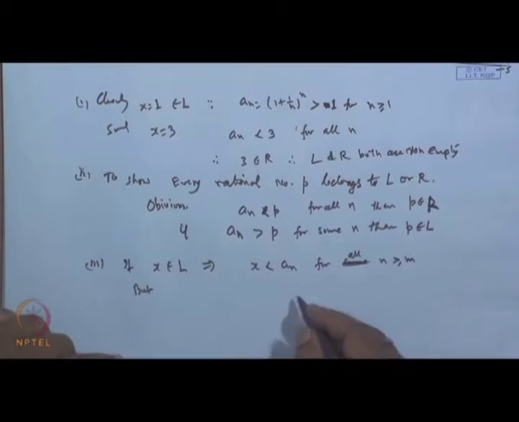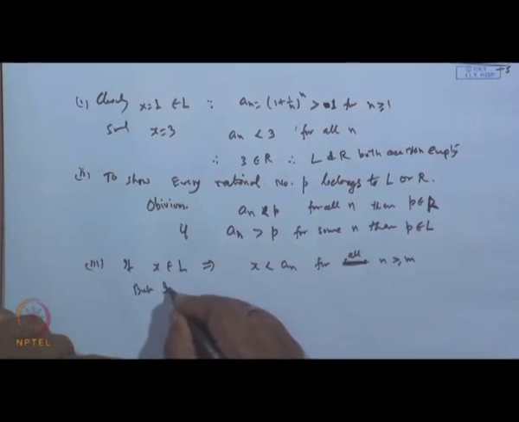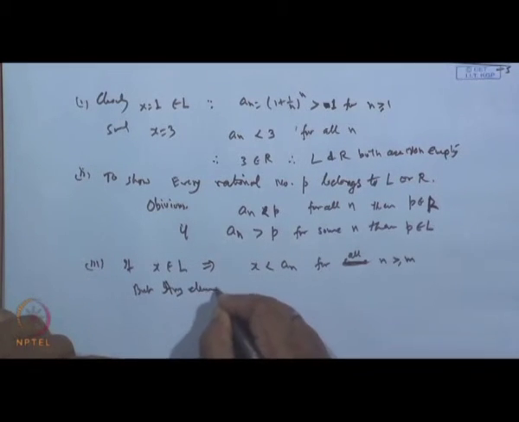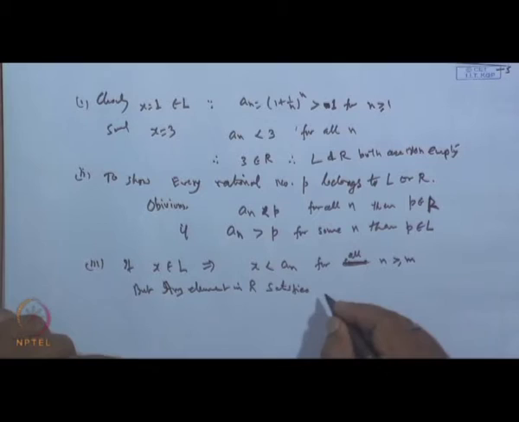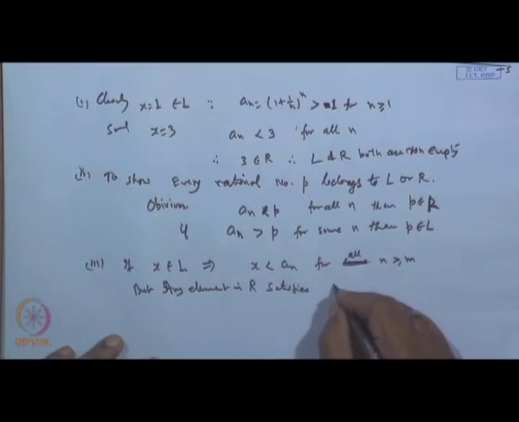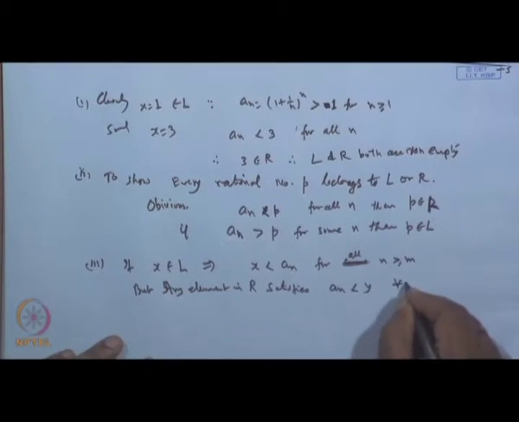if y is any element in the upper class R, it satisfies this condition: a_n is less than y for each n.